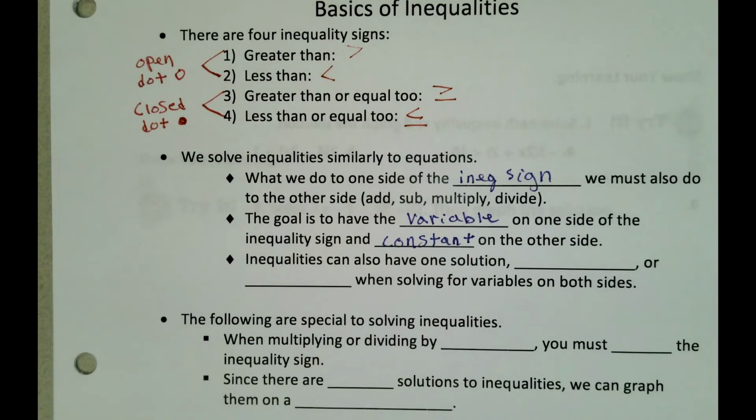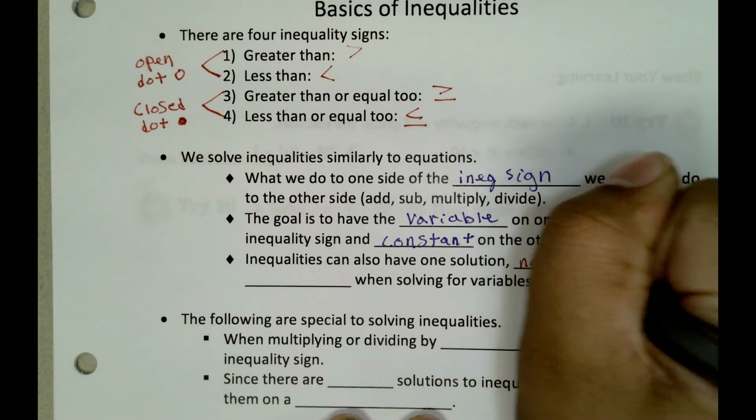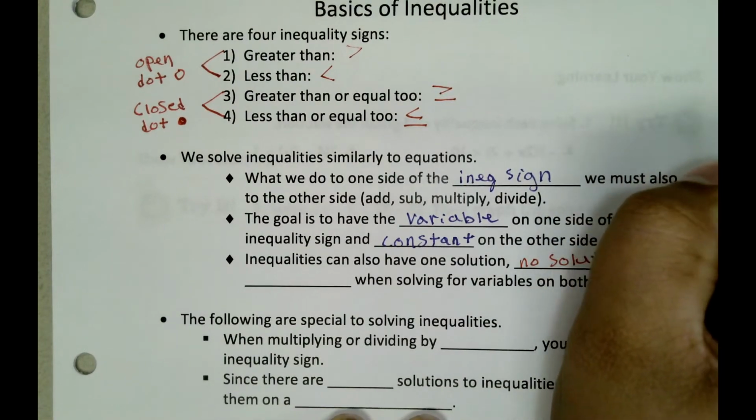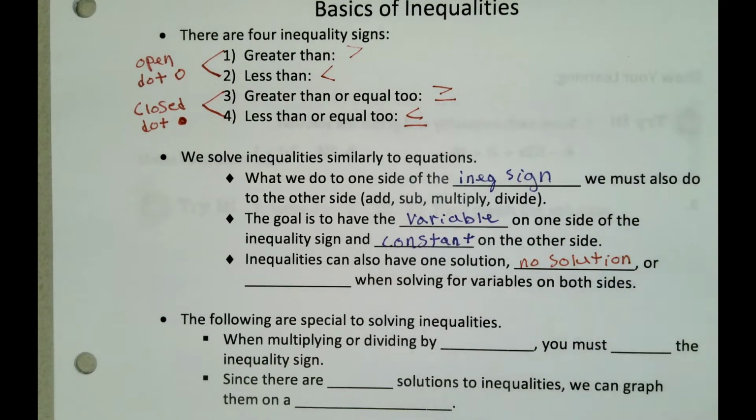Alright, so now let's just jump right into solving them. Example 1 tells us to solve and graph the solution. So the first thing I'm going to do is rewrite the inequality. We have negative 4 times 3x minus 1, plus 6x less than or equal to 16.